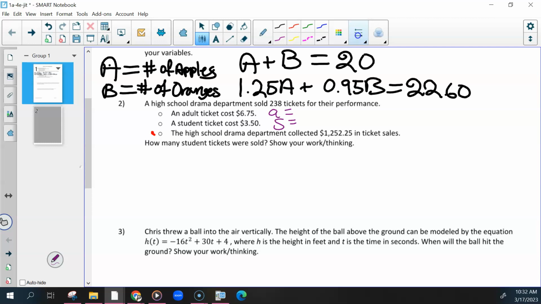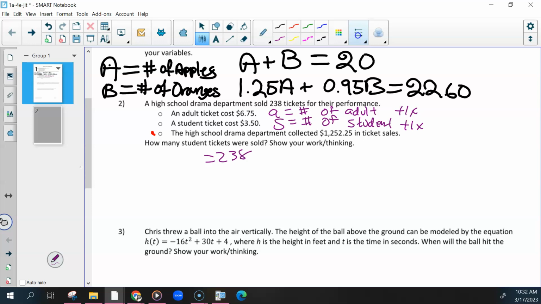Number of adult tickets and number of student tickets. And then you would use those to write your equations.